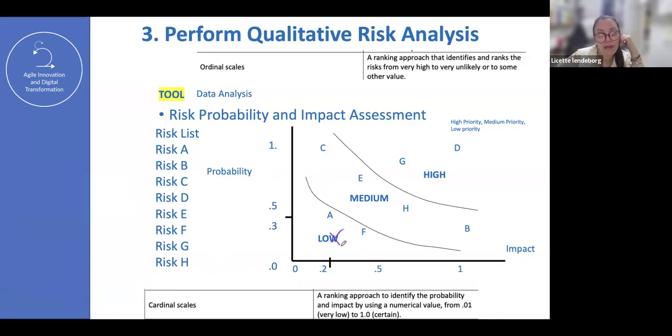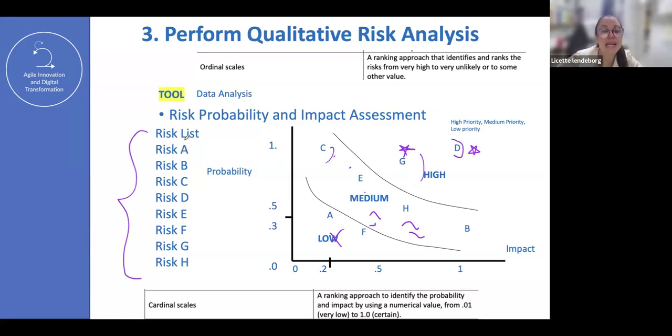This is maybe not relevant. Medium: C, E, H, and B. Maybe I can pay attention to these. However, G and D, oh my goodness, those are the most important risk events in my project. So now that I know these values, I can reorganize the list.